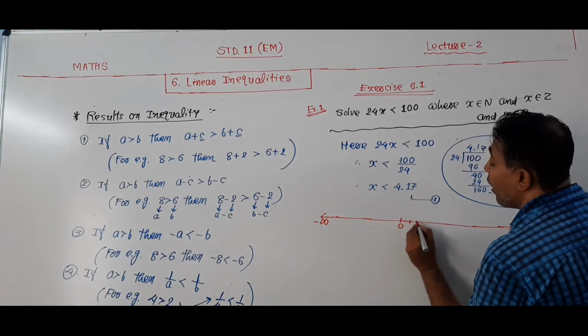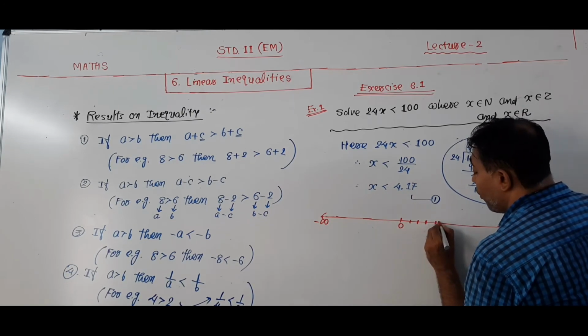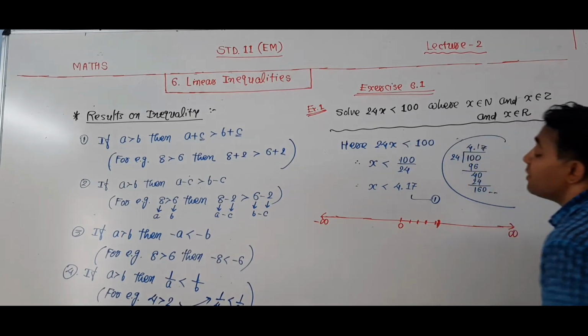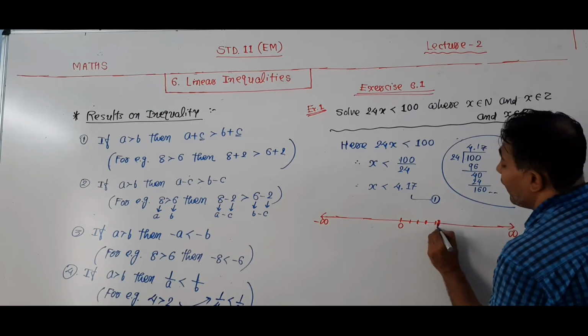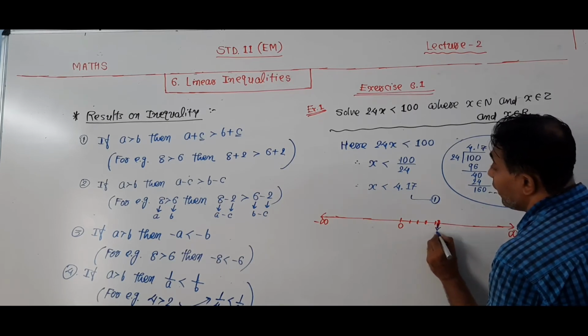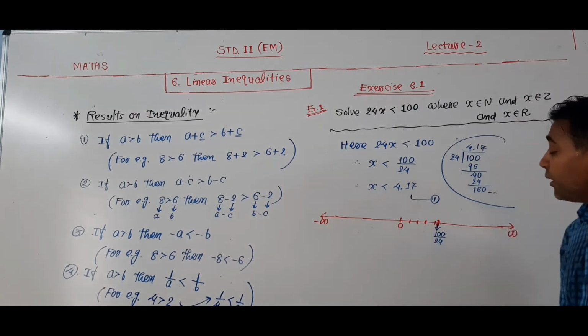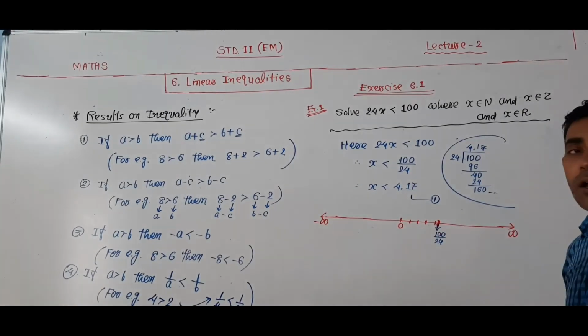Now here is 1, 2, 3, 4 and 4.17 is here somewhere. See, this is the point which is 4.17. It means this is the value of 100 by 24, approximately 4.17.